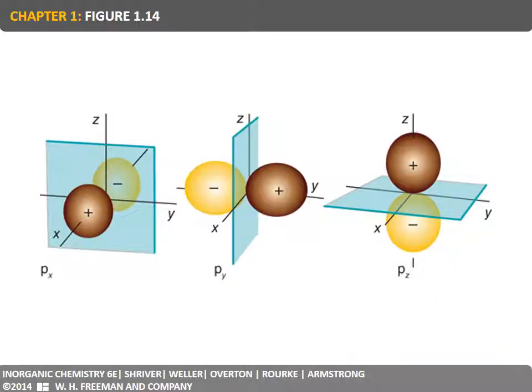In cases in which the nodal plane cuts through the nucleus, we have separate regions of positive and negative wave functions. This is the most common graphical representation of the boundary surface of a p orbital. Remember the standard infinity sign.